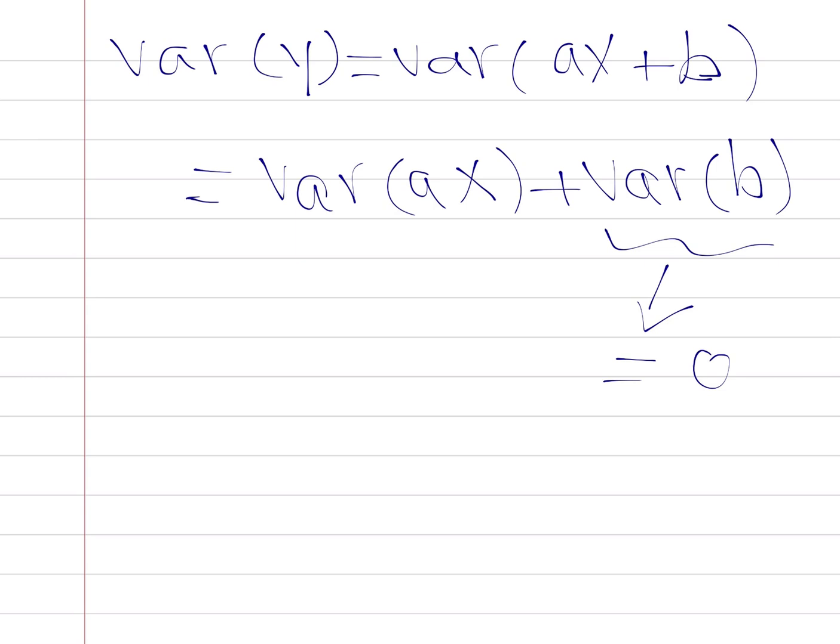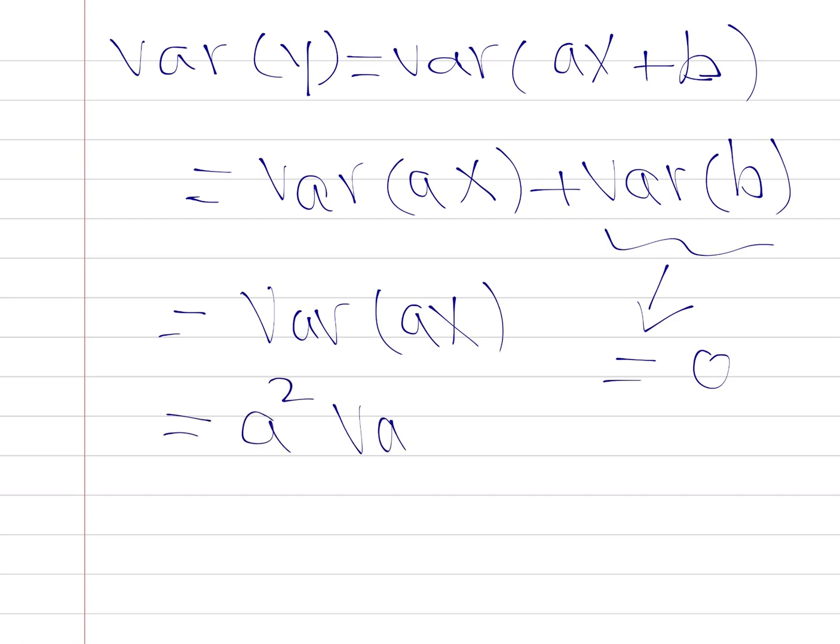We have the variance of ax, which is equal to a squared times the variance of x, and we know the variance of x is sigma squared, so we have a squared sigma squared. This is the variance of y.